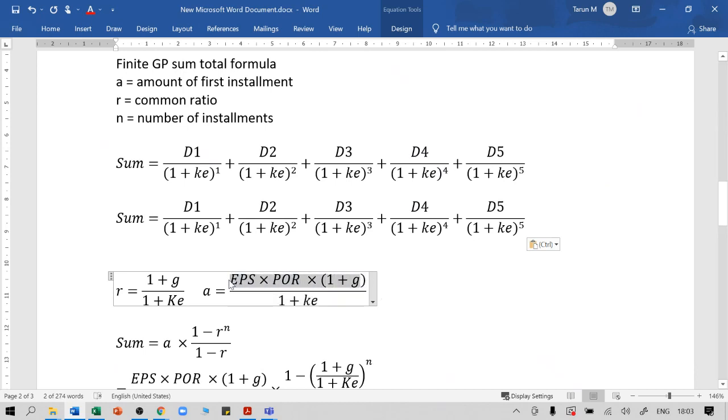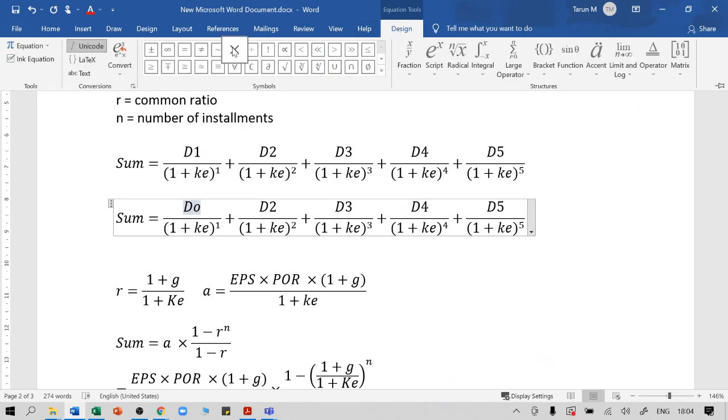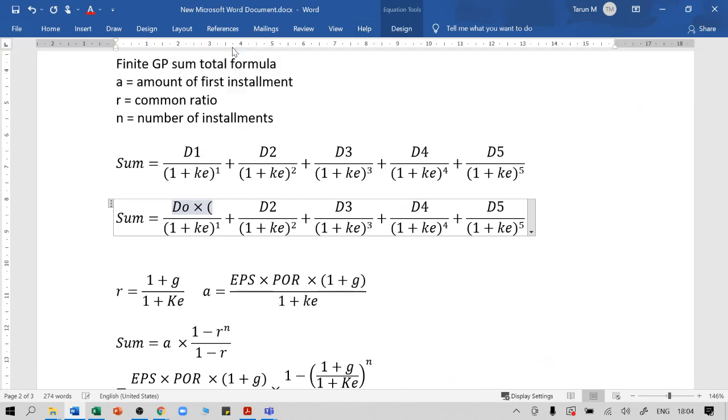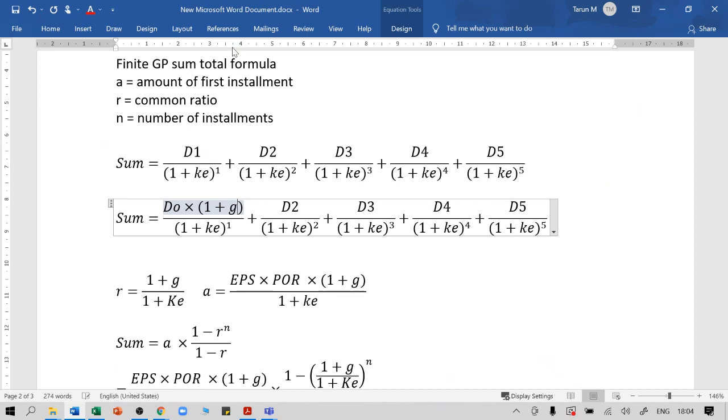Right, now this D1 can be replaced: D1 is actually D0 multiplied by 1 plus the growth rate. Okay, and then what is D2?